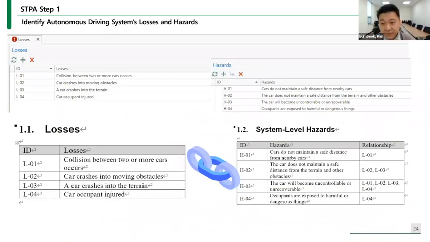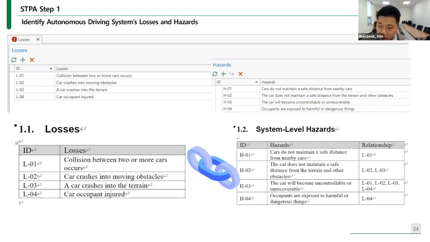This is the first step, identify system losses and hazards. STPA recommends not to identify many losses and hazards. If you define many, it would take a lot of time, and you would not focus on a specific issue entirely.